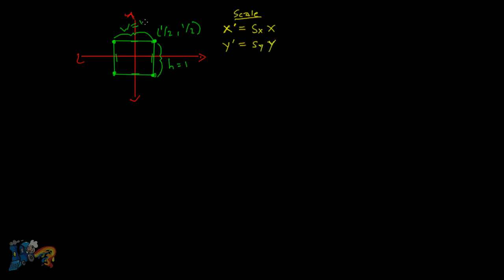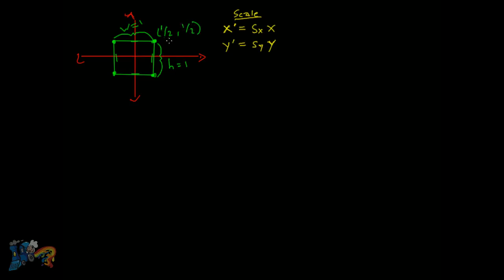So the really simple example could be that if we choose s of x and s of y to be 2, well, what we're doing is taking 1/2, right, and we're multiplying it by 2. And we're taking this 1/2 and multiplying it by s of y, which is also 2.